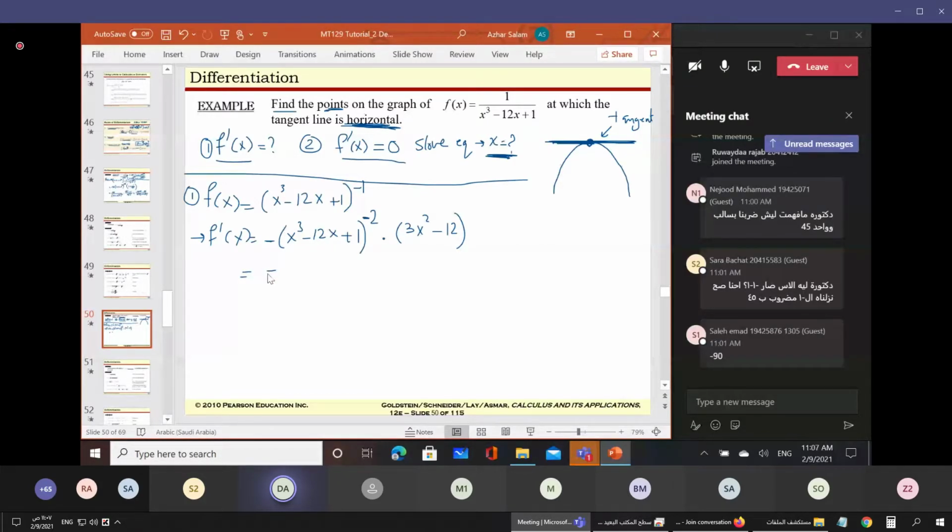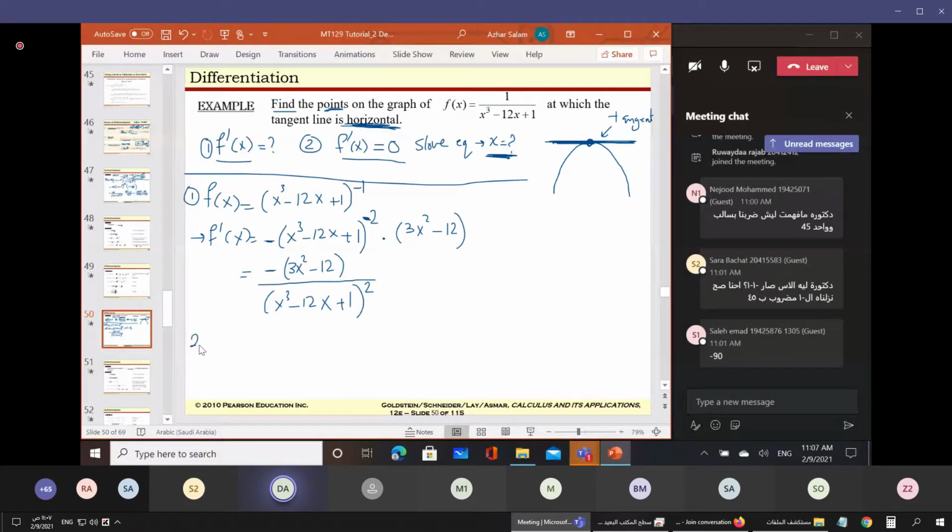So if I simplify it, it will be minus multiplied by this bracket, 3x squared minus 12. I didn't write this in the top since it's with the negative sign. I will write it in the denominator, x cubed minus 12x plus 1 to the power 2. This is the final answer, the simplest answer. I can also distribute this sign inside the brackets.